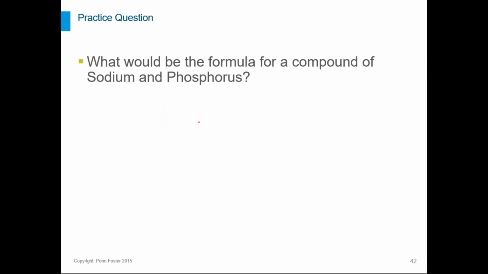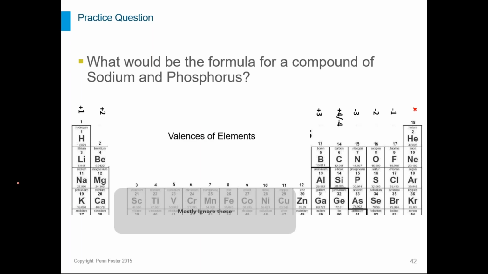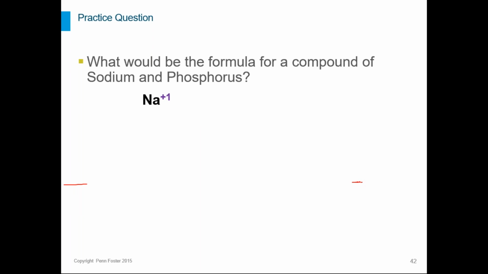Here's another one. What would the formula be for a compound of sodium and phosphorus? So sodium is over here on the left. It's in this first column. It has +1. Phosphorus is over here. It is in the column that has -3. So we know sodium is +1, phosphorus is -3. So if we want to make a formula, we're going to have 3 times as many sodiums as phosphorus.